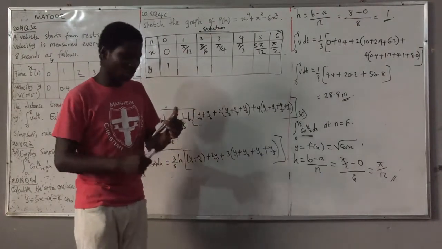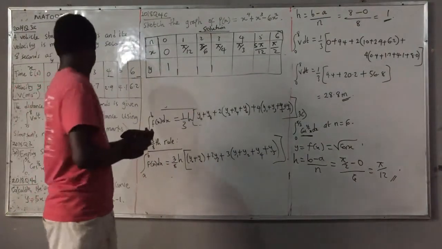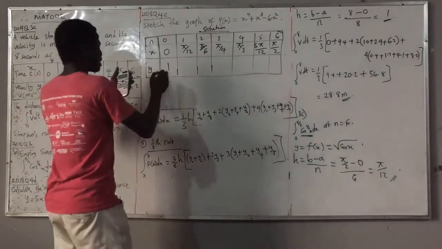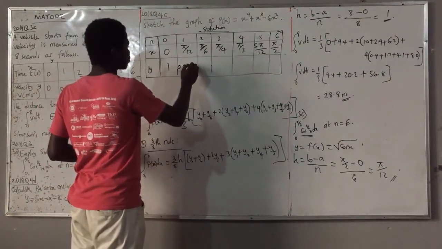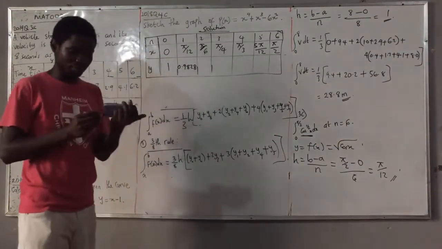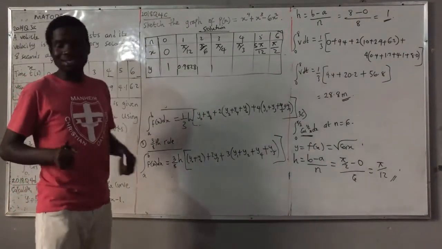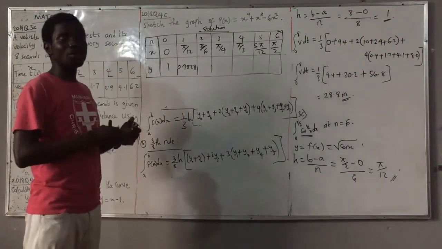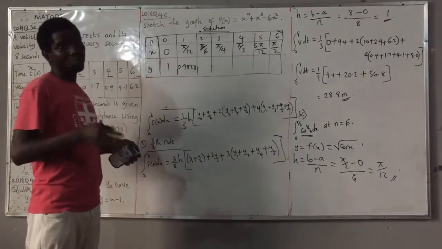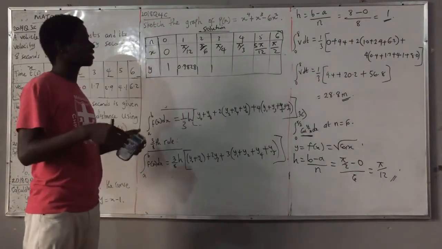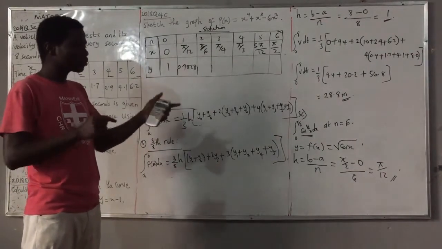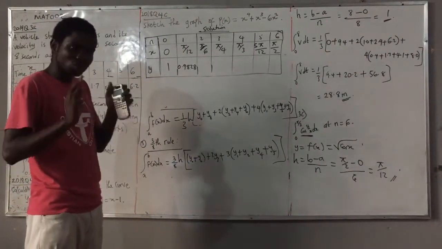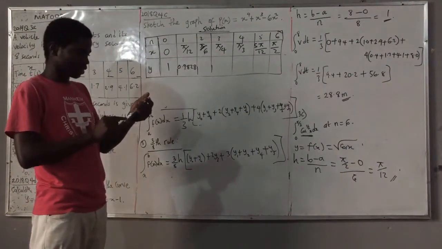The answer is 0.9828, to 4 decimal places. So that's what you'll be pressing. Now, pi over 6, that is 180 divided by 6, which is 30. Cos 30 is root 3 over 2. Or you just do square root of cos 30.